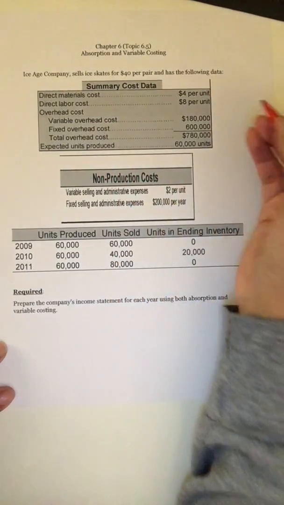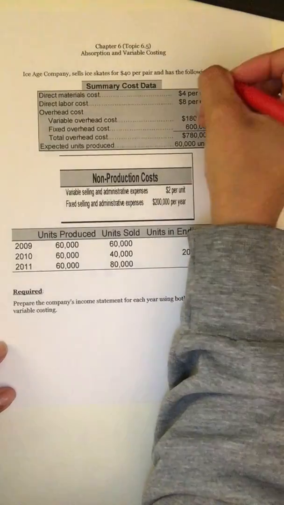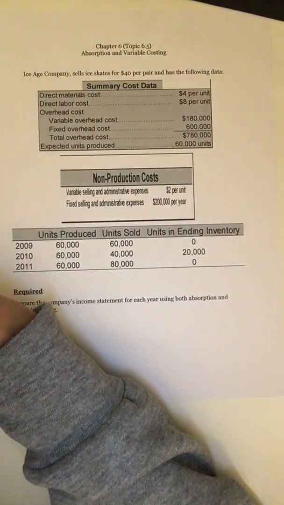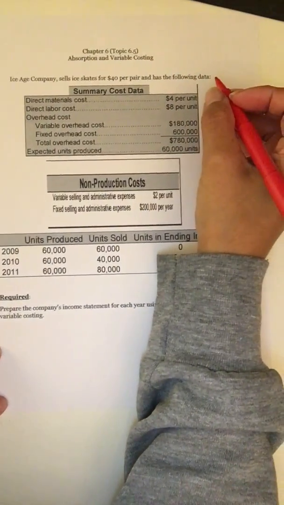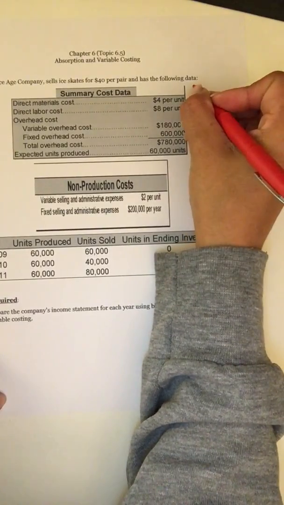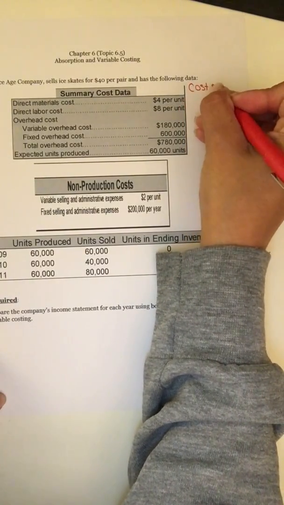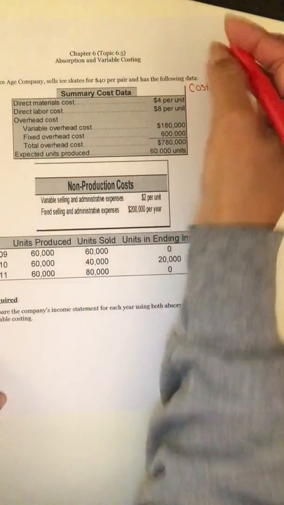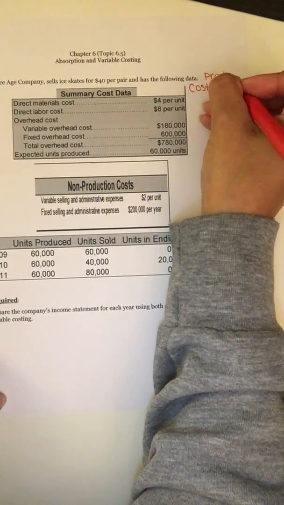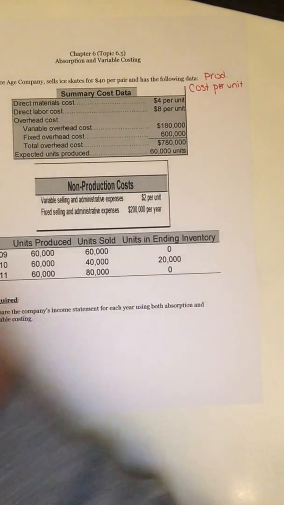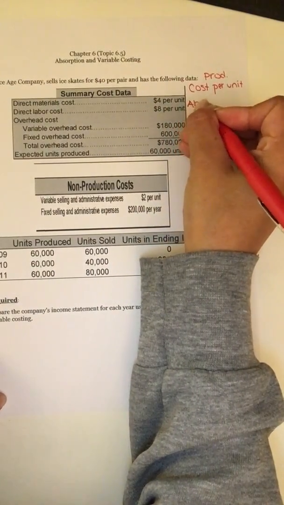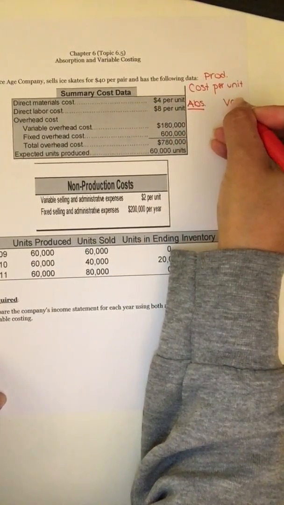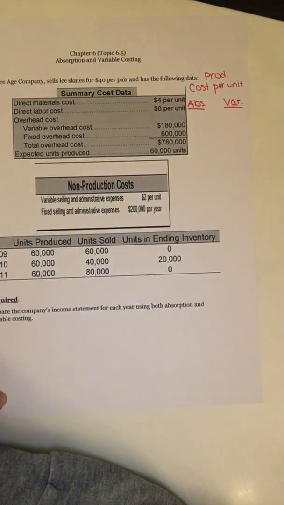All right, so what we need to figure out is our cost per unit. So we're going to figure out our product cost per unit under the two methods, absorption and variable.